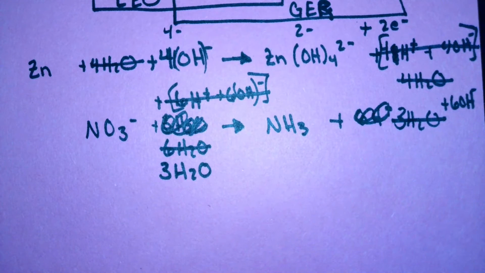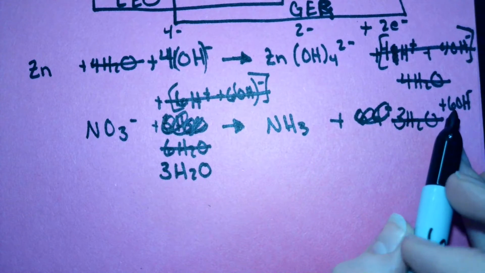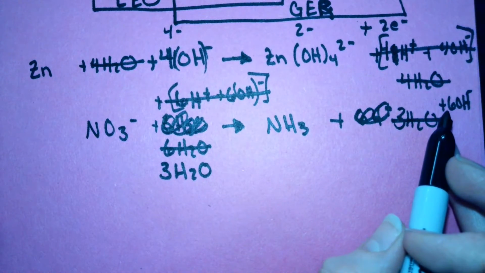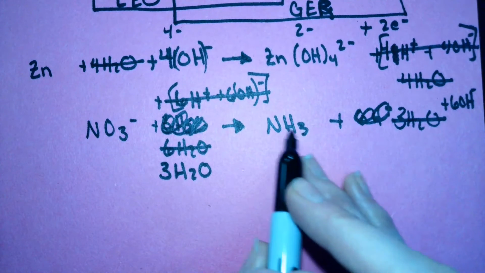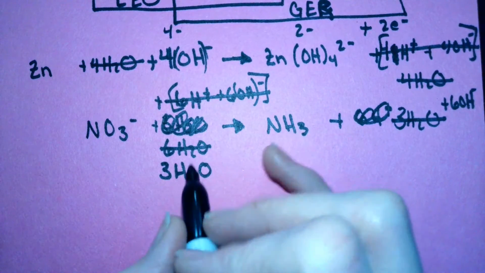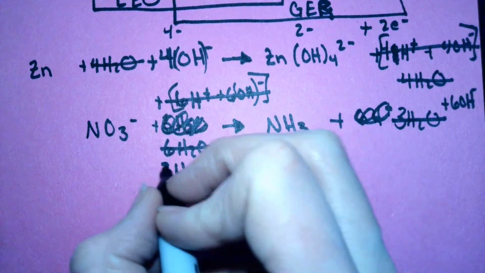Let me look. My nitrate would have been a 3 H2O, yes. The 9 OH, because I have 3 hydrogens. Oh, that's why. Shoot. So instead of 6 hydrogens over here, I would have had to add 9.